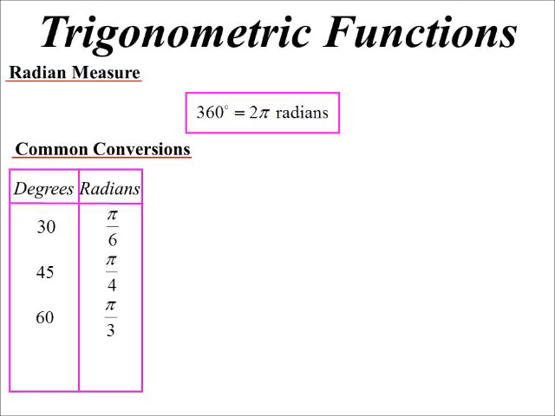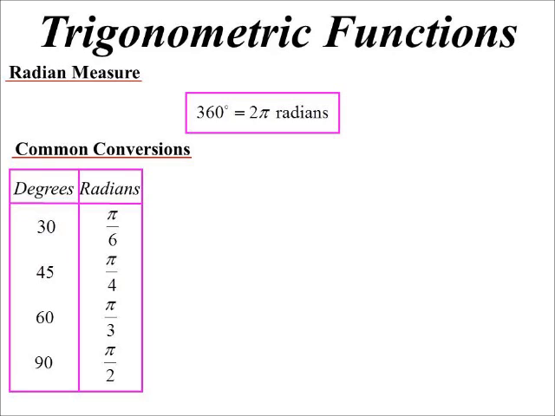And 60 degrees is pi on 3. Now be very careful because it is easy to mix up the 30 and the 60, because you sort of match the 6 with the 6 and the 3 with the 3. But it's actually the other way around. Remember, pi is 180 degrees. And 90 degrees is pi on 2.